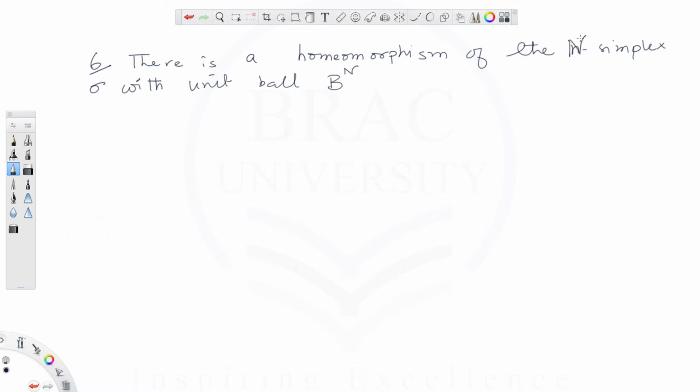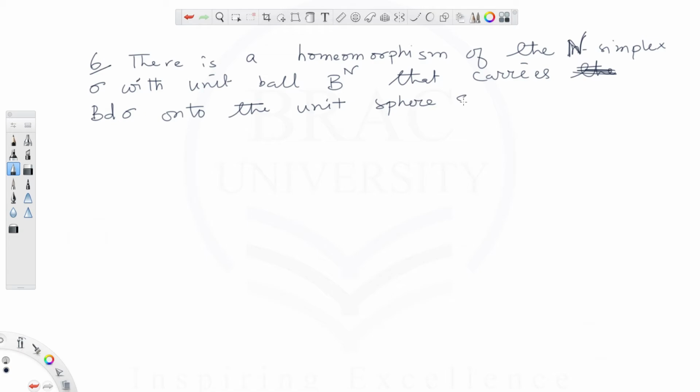Sorry, this is capital N simplex. Okay, that carries the boundary of sigma onto the boundary of this n ball, which is the n-1 sphere, onto the unit sphere S^(n-1).